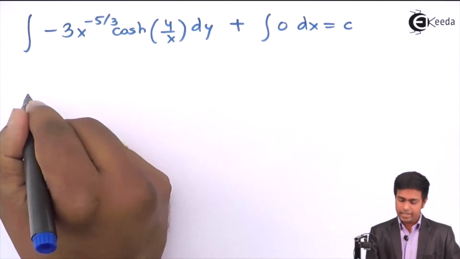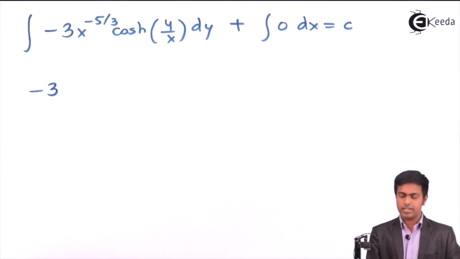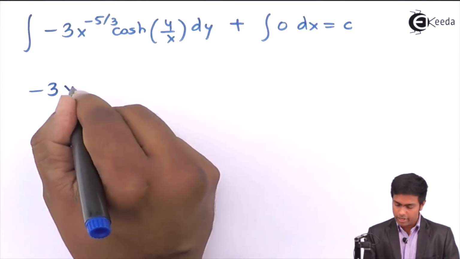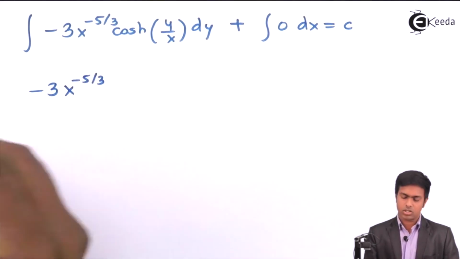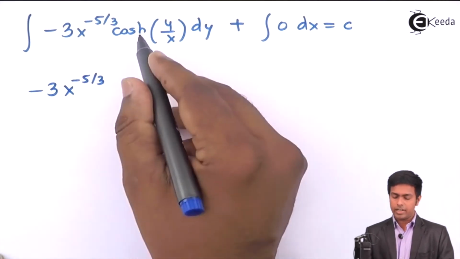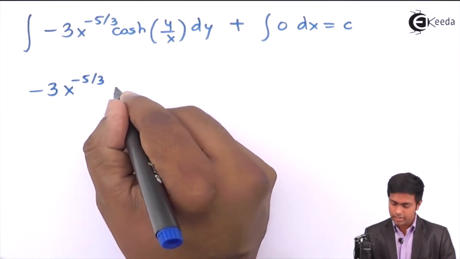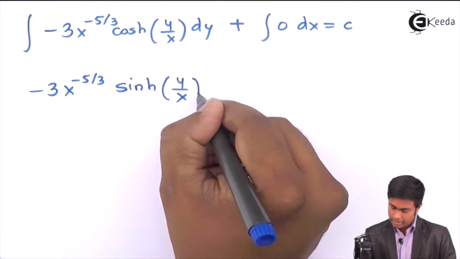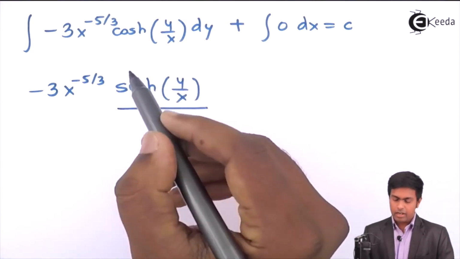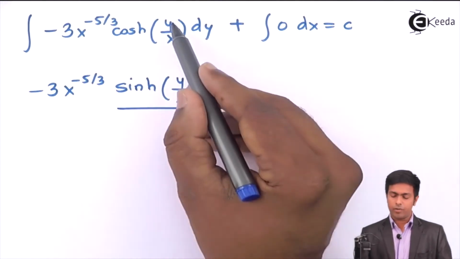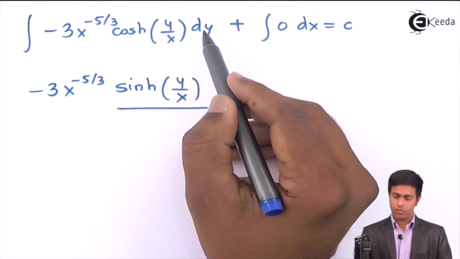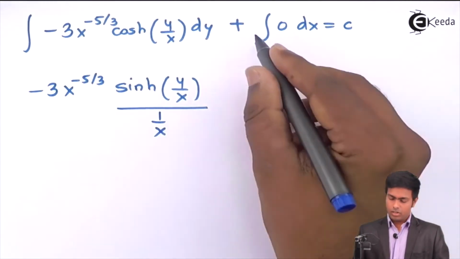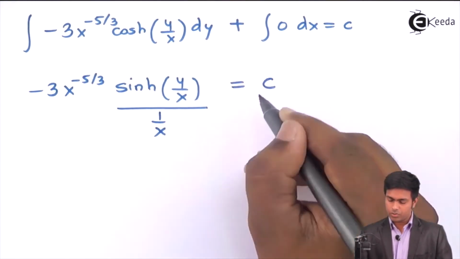So guys, by integrating this, minus 3 is outside, we have to consider x as constant, so x raised to minus 5 by 3 is constant, which is outside, and integration of cosh is sinh(y/x) divided by, again the derivative of y by x with respect to y will be 1 by x. Here we will get 0 is equal to c.